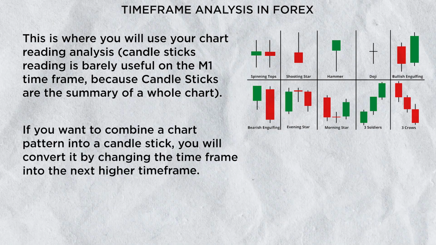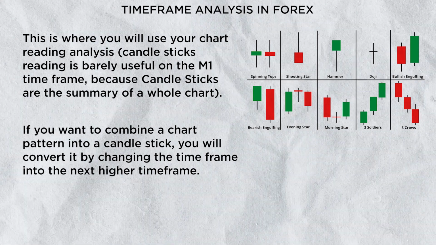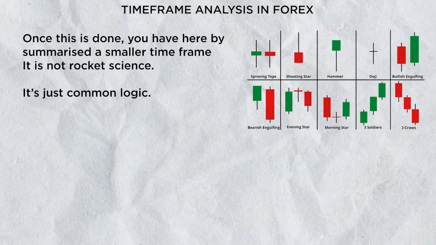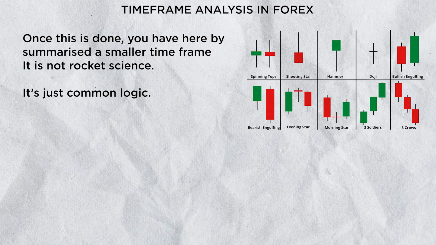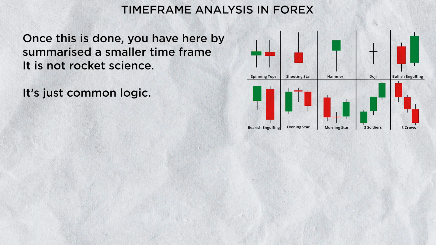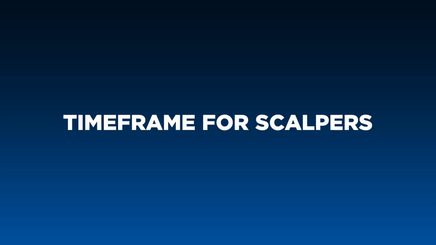If you want to combine a chart pattern into a candlestick, you will convert it by changing the time frame to the next, higher time frame. Once this is done, you have summarized a smaller time frame. It is not rocket science. It's just common logic.